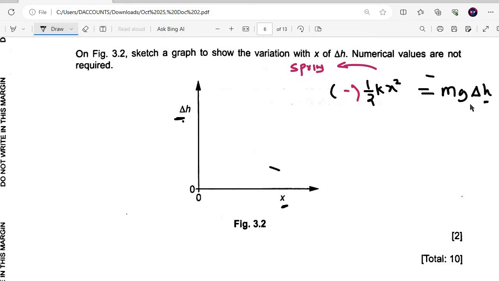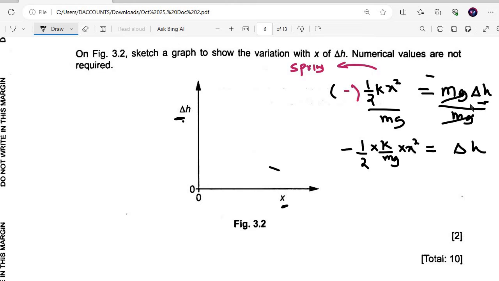Okay, welcome back. So I need to plot the graph of change in height against x. Divide both sides by mg. So mg cancels mg. Here I have half k over mg times x squared equal to change in height. The number half is constant, k is constant, weight is constant.